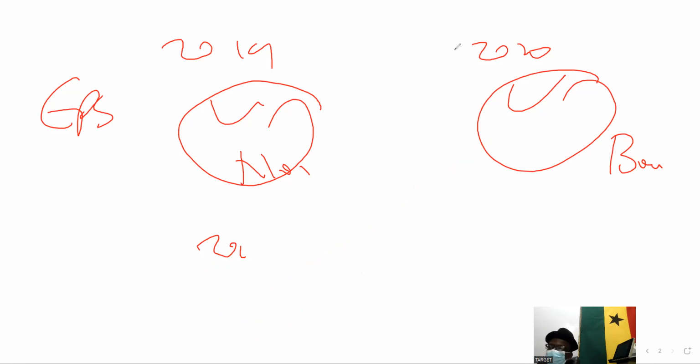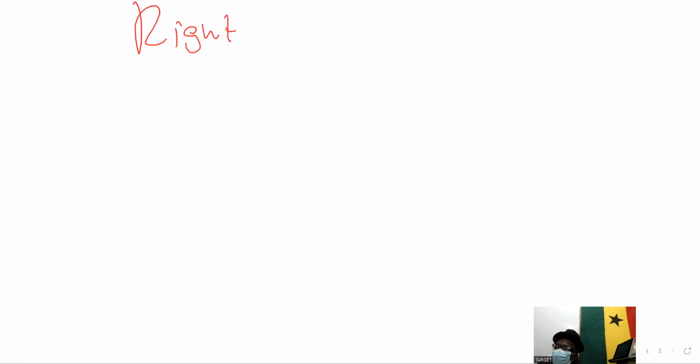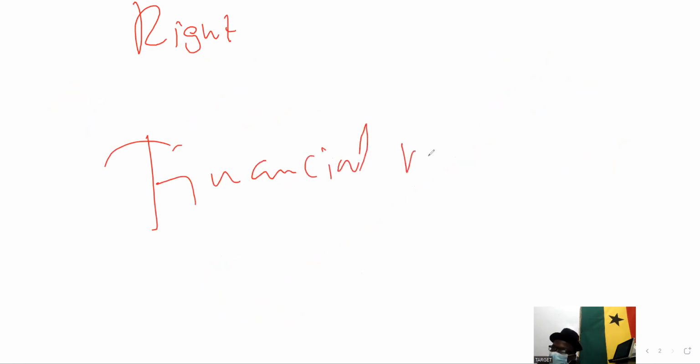Right issue. What is the right issue? All those who are doing FM, financial management, please take notice. It's also due for examination in financial management.